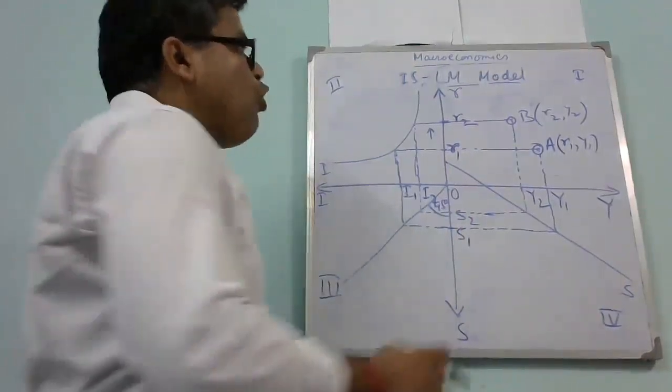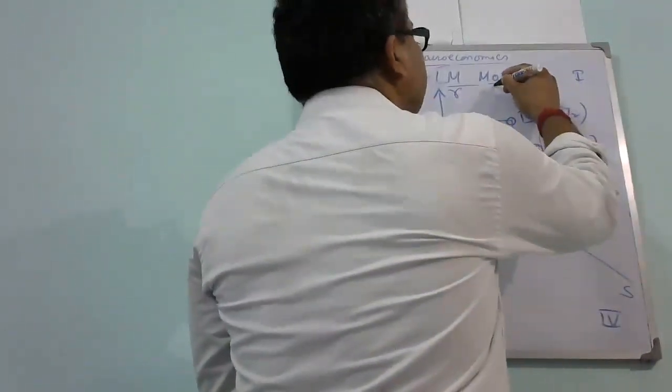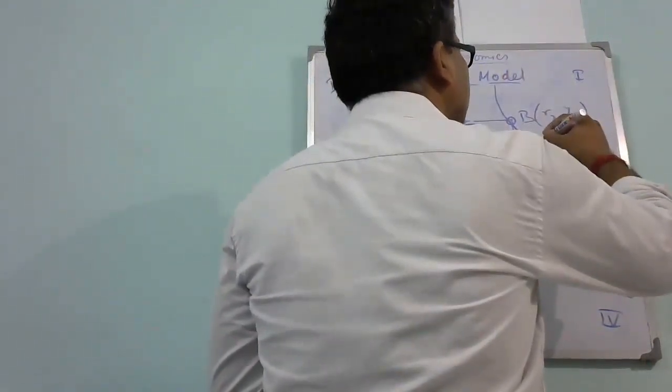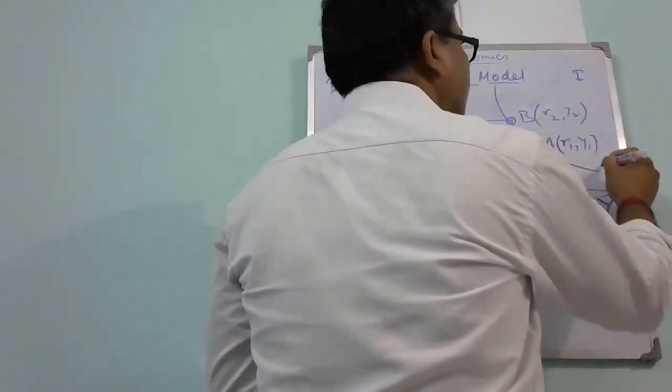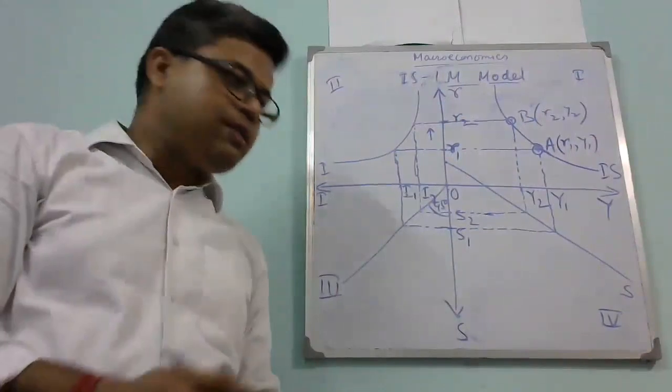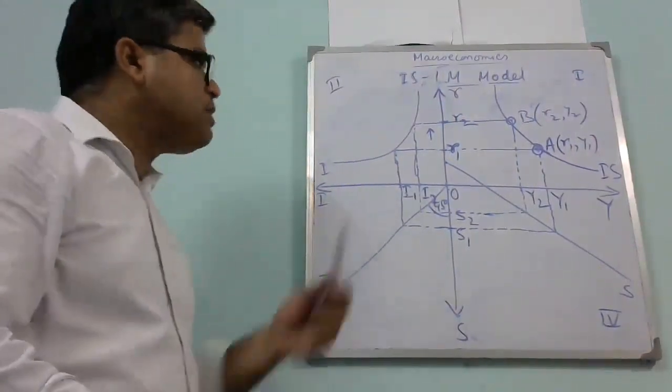Now, if we join all such successive points into a curve, then we get a downward sloping curve, and this curve is called the IS curve.